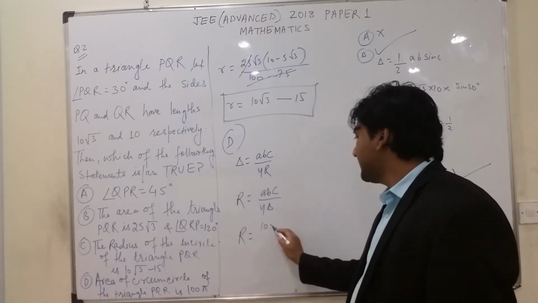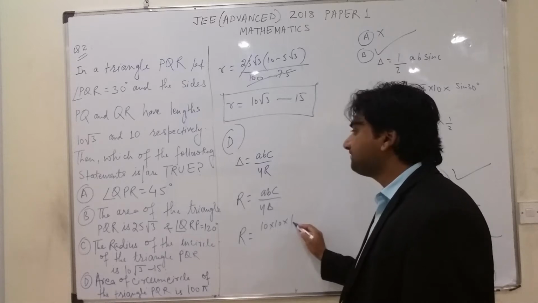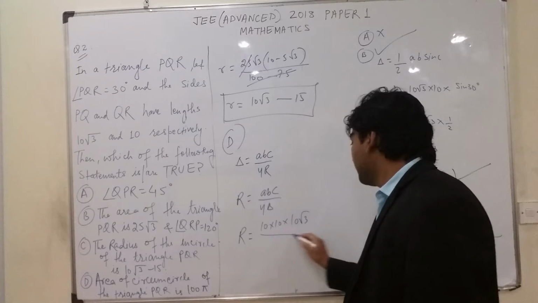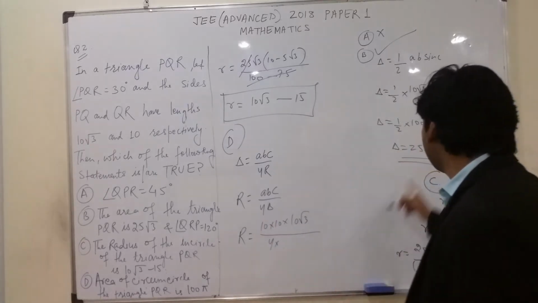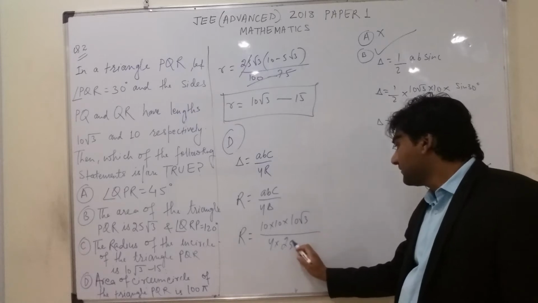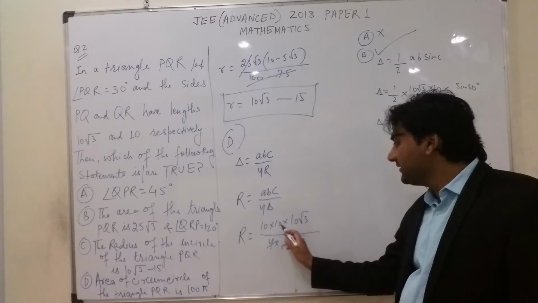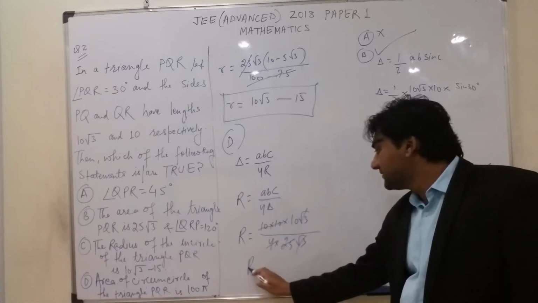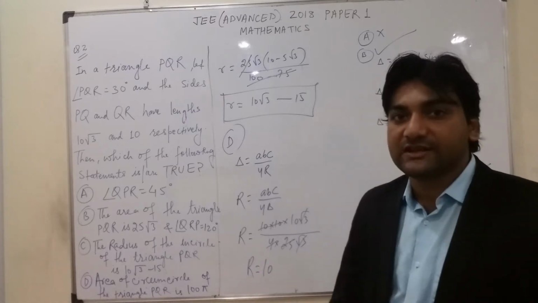So one side was 10, another was 10, and another was, I think, 10 root 3, over 4 times delta. Delta means the area of the triangle, which we already found, that is 25 root 3. 25 times 4 is 100, and this 100 will cancel, and root 3 and root 3 will also cancel. It means capital R we got is 10. It means the circumradius we got is 10.